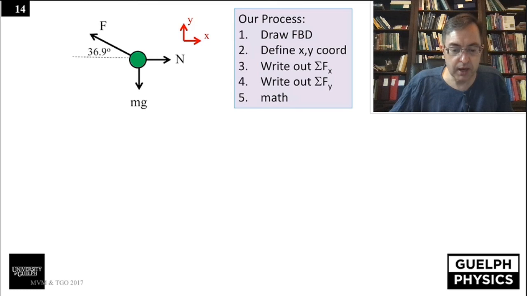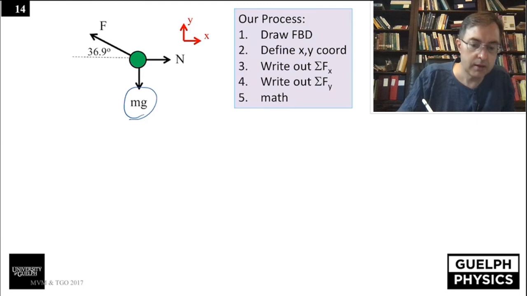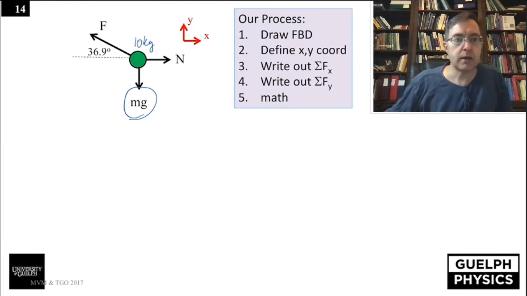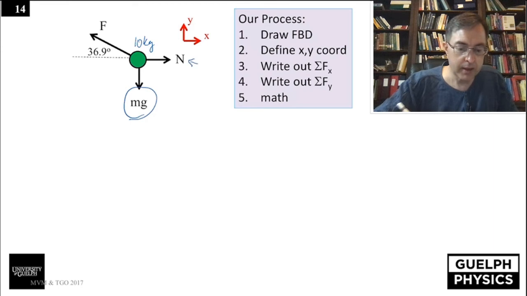So the free body diagram: there is a gravitational force acting down on the block, which is a 10 kilogram block here. There is a normal force acting outwards from the wall. There is the force which we're applying, the 150 newton force here at an angle of 36.9 degrees.